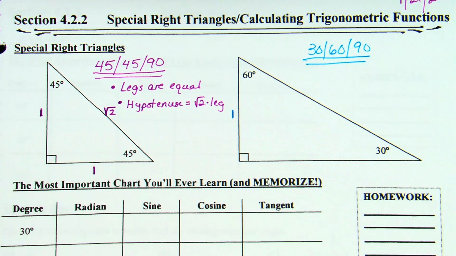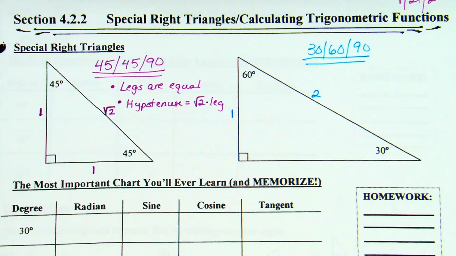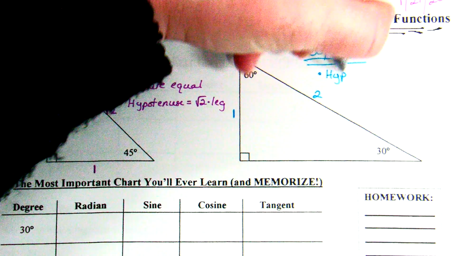I usually start with the hypotenuse, and I'm going to call it length 2, meaning the hypotenuse is equal to what? 2 times the short leg. So that's one key piece of information you have to know here: the hypotenuse is equal to 2 times the short leg.